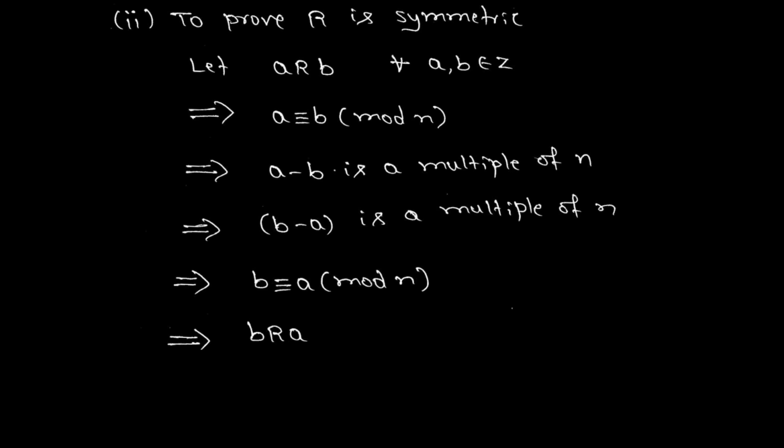So we have verified the symmetry condition here. We have assumed a is related to b and we have proved b is related to a. Therefore we can say R is symmetric.